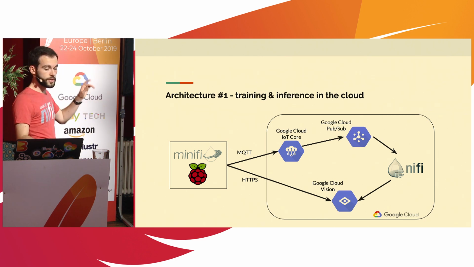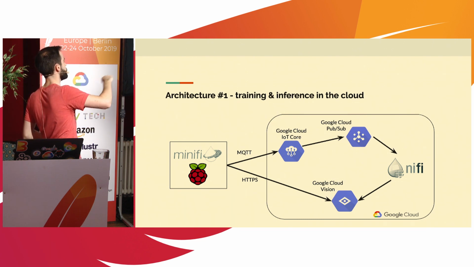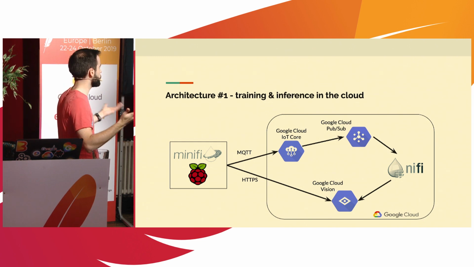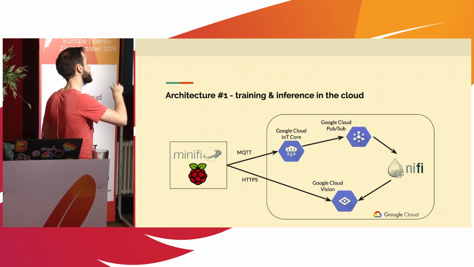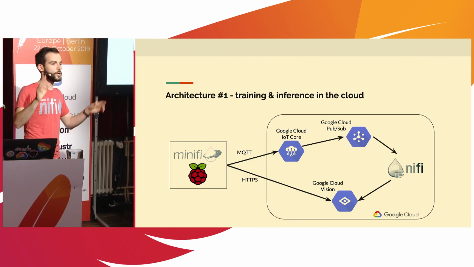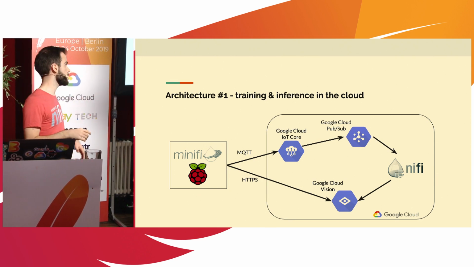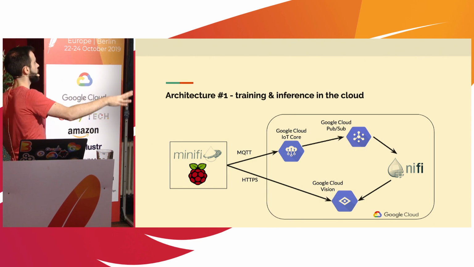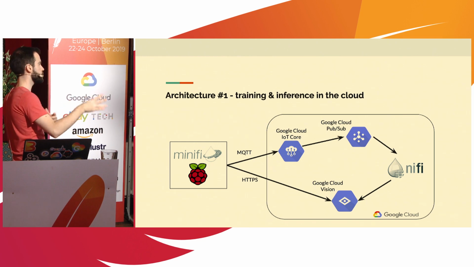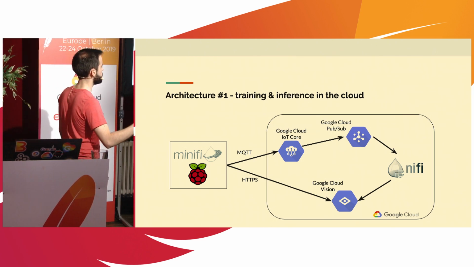So we have MiNiFi running on the Raspberry Pi, talking with Google Cloud IoT Core through MQTT, which is the gateway for IoT, basically. The data is sent to a Pub/Sub topic, which is the Google equivalent, let's say, of Apache Kafka. Then we have a NiFi running in GCP that will take this data, do some processing, we will go into the details, and make it available to Google Cloud Vision.